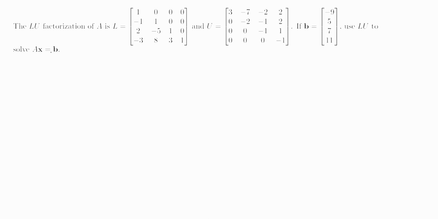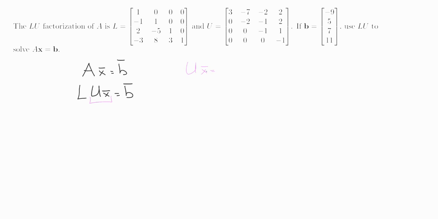Now, this is where the technique comes in. We're going to do a substitution here for UX. We're going to say that UX, when I multiply the X vector times the matrix U, would give us some Y vector.